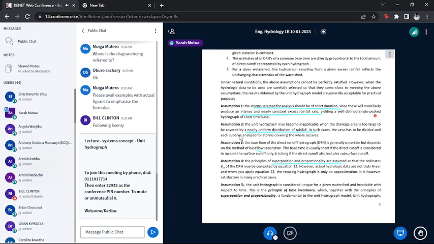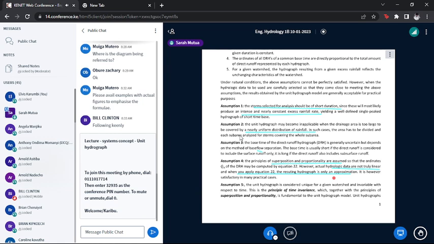And in this assumption, at the end of the day, we say the hydrologic data are usually not truly linear. And when we apply equation 22, the resulting hydrograph is usually an approximation.